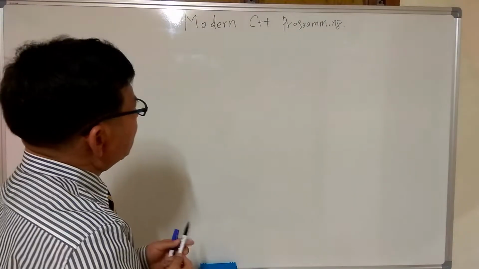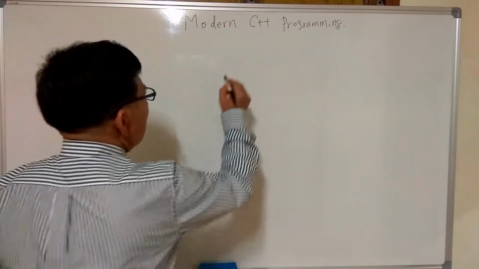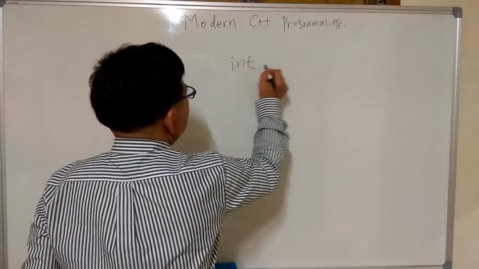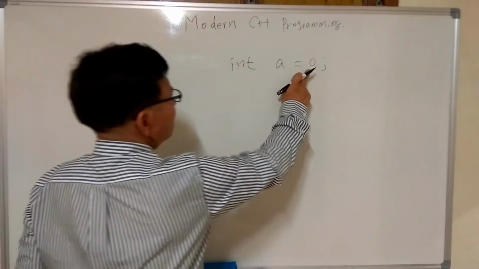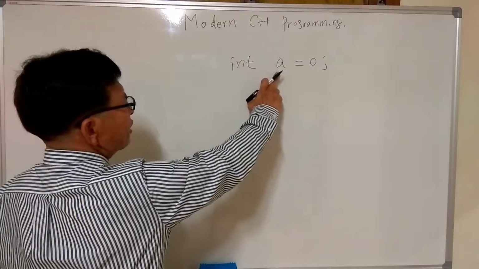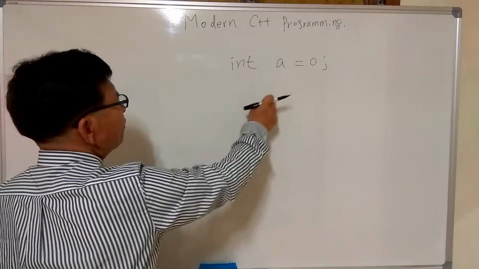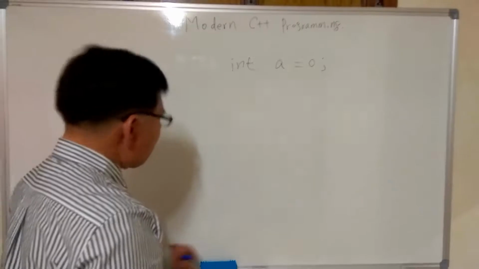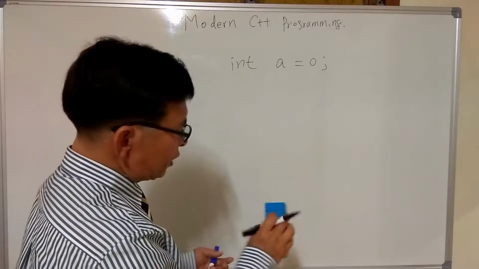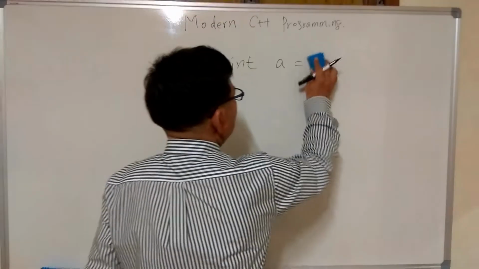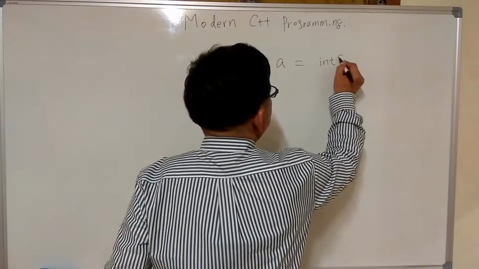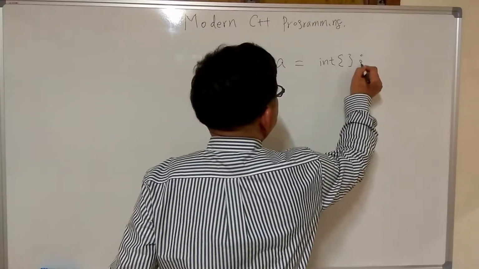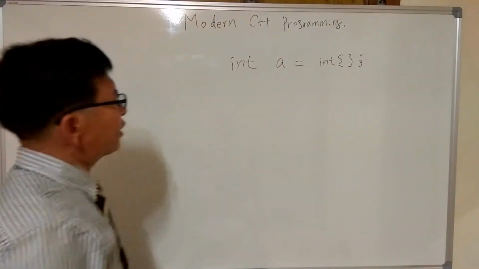For example, when we declare a variable like int a, with an initializer, this is the initializer, this is the variable name, this is the type. In modern C++ programming, we can also say int with empty curly braces, like this.